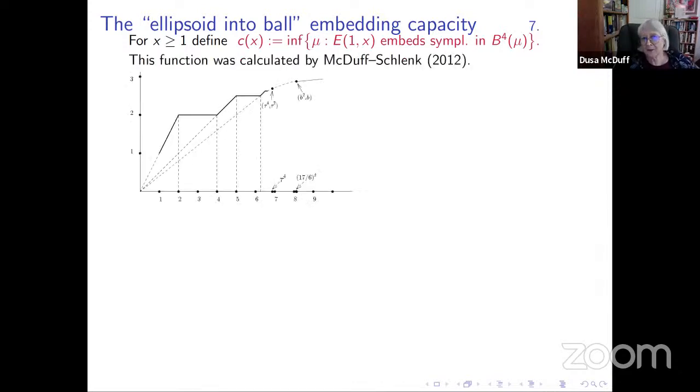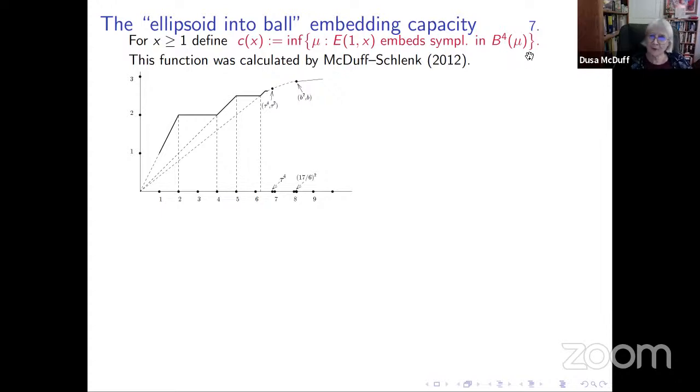And I calculated it with Felix Schlenk in 2012, and we got a really surprising answer. So obviously it's increasing, because if x increases, the ellipsoid gets bigger. It's bounded below by volume, because the volume of E(1,x) is a constant times x, and the volume of the ball is a constant times mu squared.